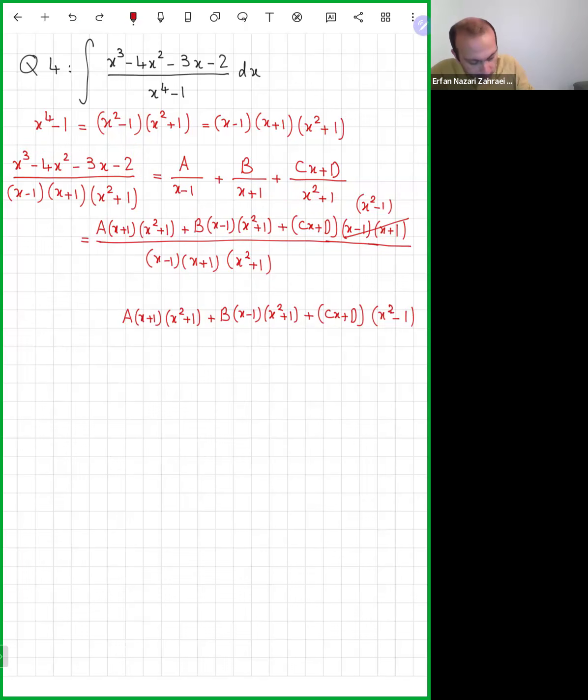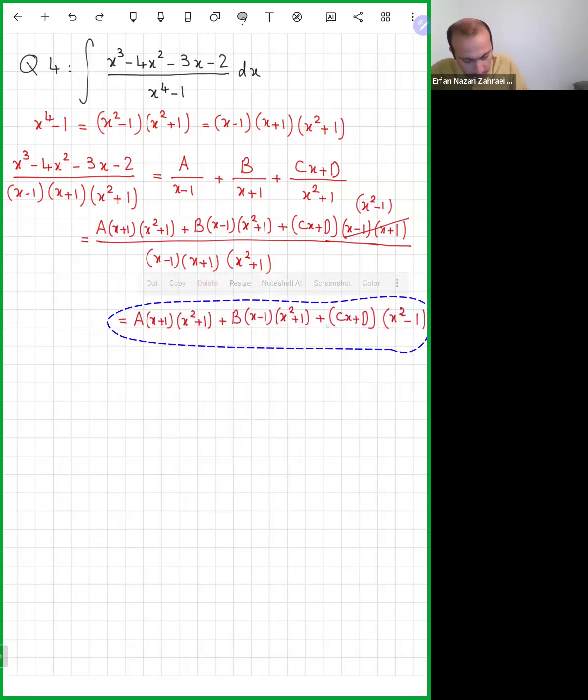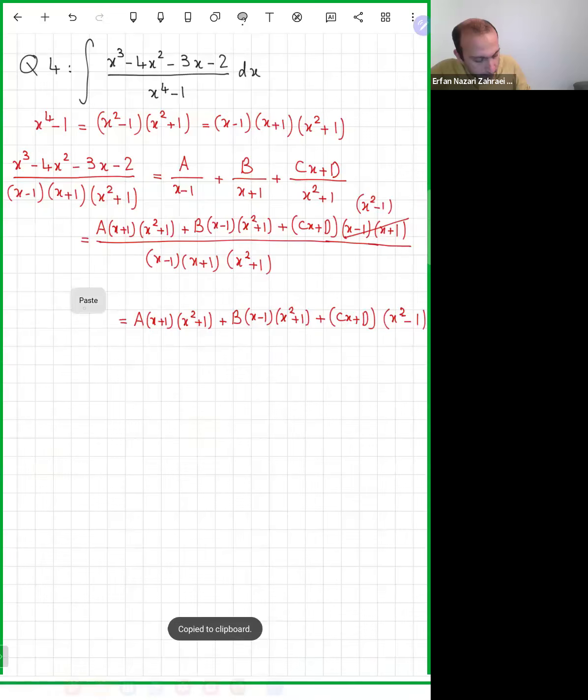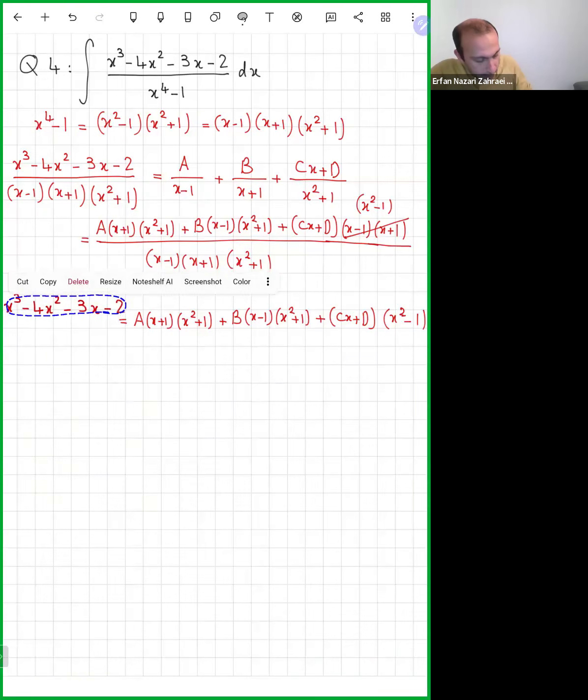So it equals this. Good. Note that I have 4 unknowns. If I want to do it directly, I need to write down 4 equations in 4 unknowns and solve them. But that's a lot of computation.